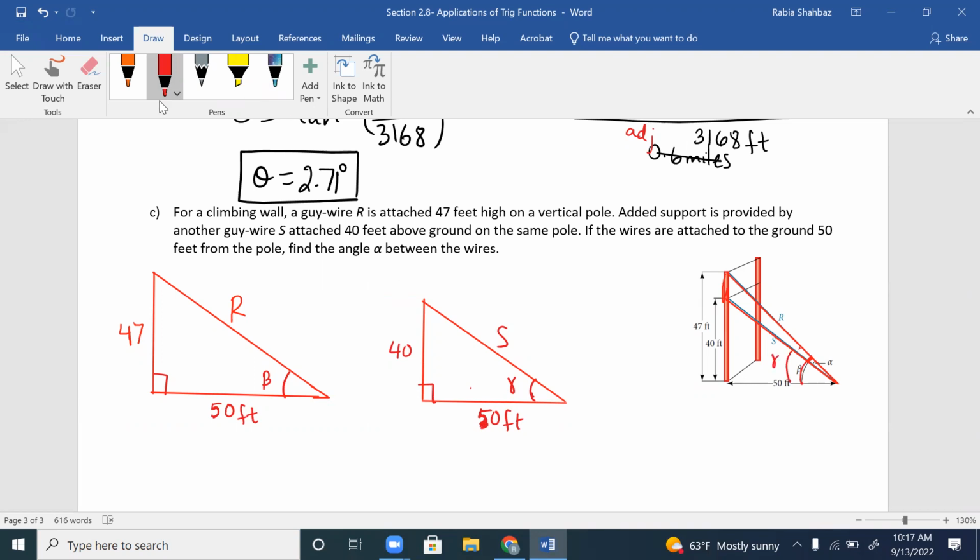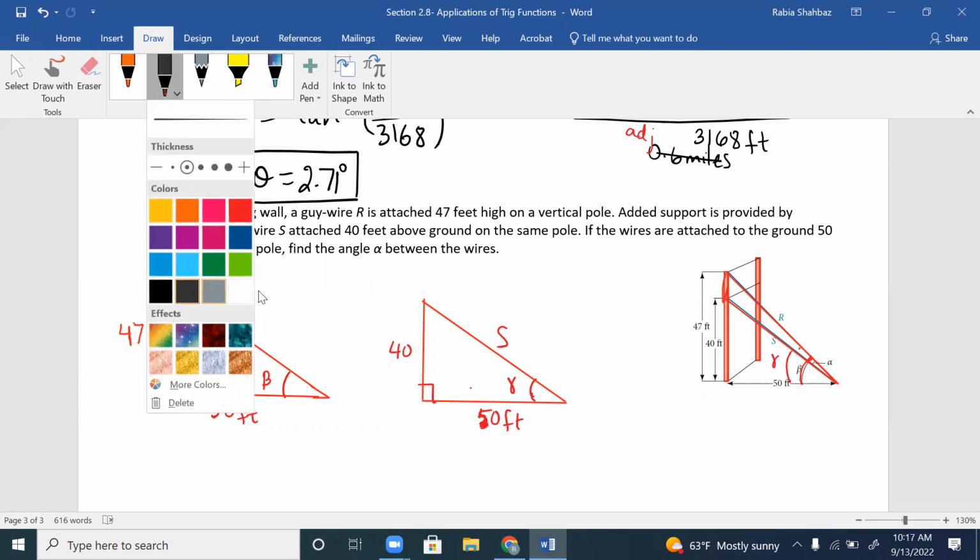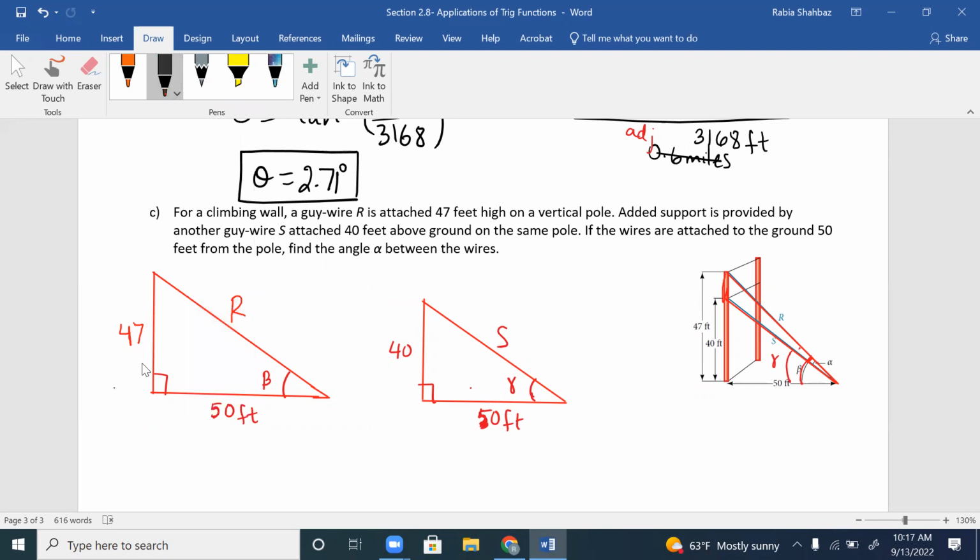Okay, so we have to identify which trig ratio we're going to use. Again, we have the opposite side and the adjacent side. Here also we have the opposite and adjacent, so we are going to use tangent.